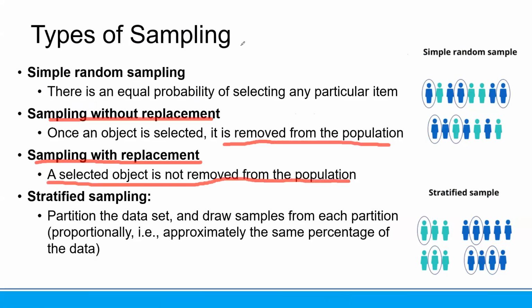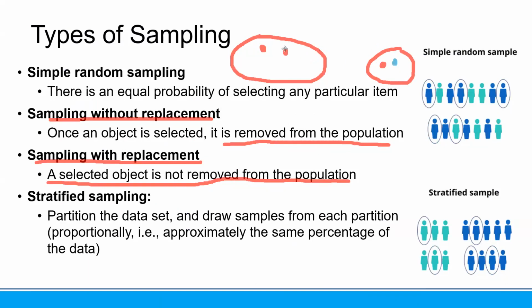So let's say I have a population with data 1, data 2, data 3, and then if I want to do the sampling, I select this data. After I select this data, it can be duplicated, and we can again choose this data for the sampling.